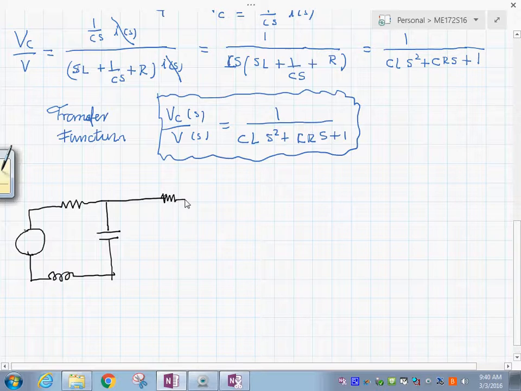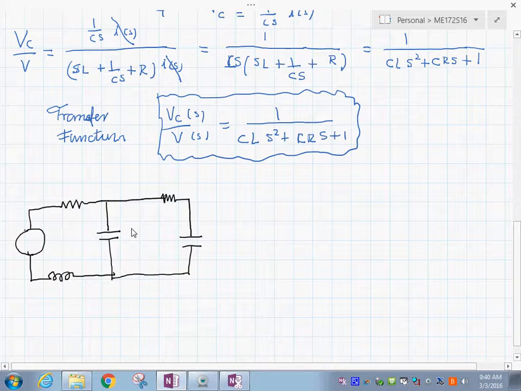In here we have I1, and then I sub 2. This we'll call R1, this R sub 2, this C sub 1, this C sub 2, and this L sub 1. And then, of course, we have voltage over here.